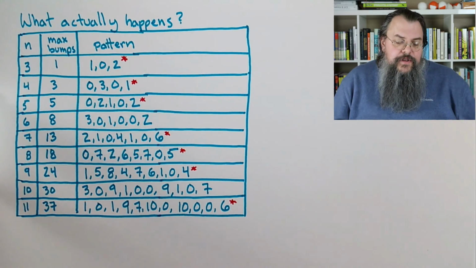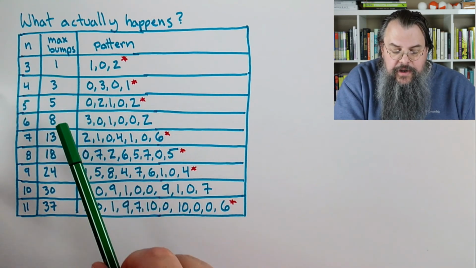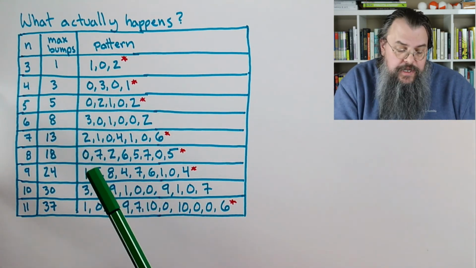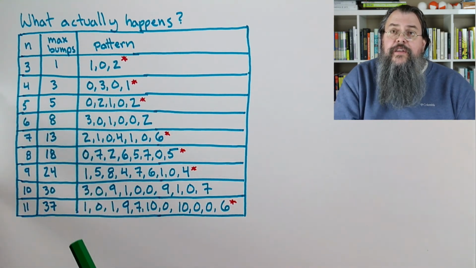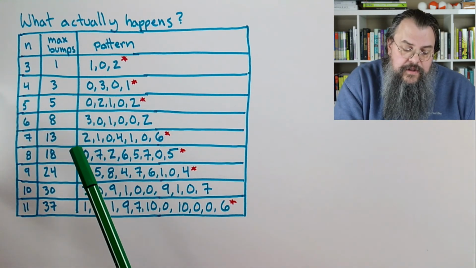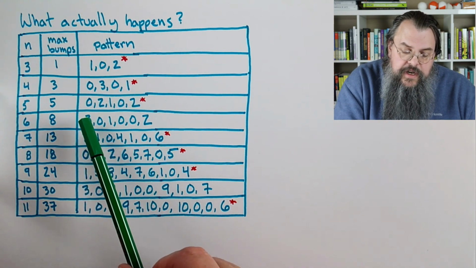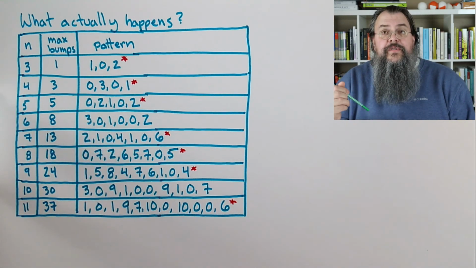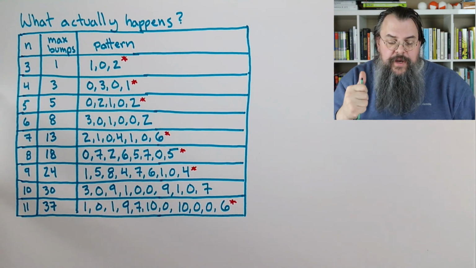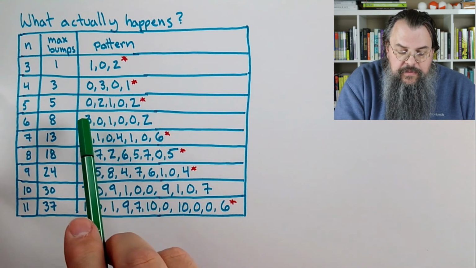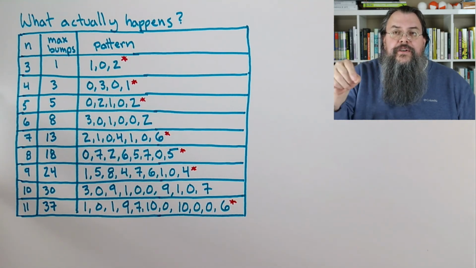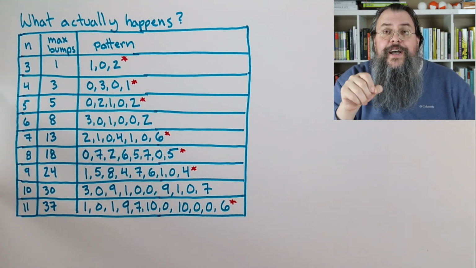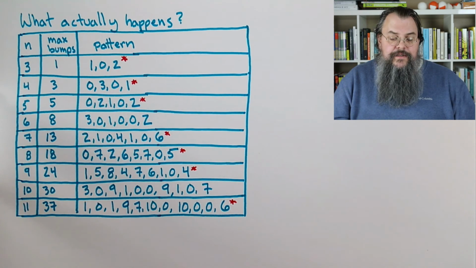So, for instance, at 3 and 4, it is what we think it is. But even starting at 5, we don't get to 6. Nothing takes more than 5. And what takes 5? Well, it turns out that for all intents and purposes, just one kind of pattern takes 5 bumps. This 0, 2, 1, 0, 2. So if you were to feed that through the algorithm, you'd have to move things 5 times. 5 corrections would have to be made.